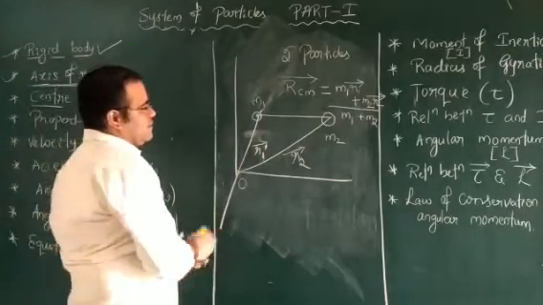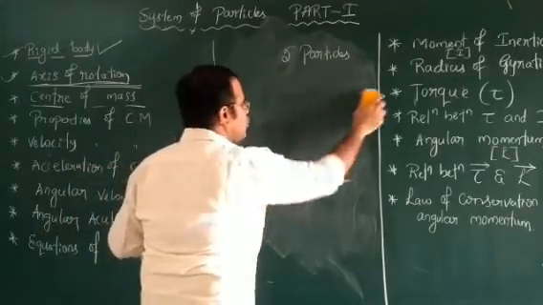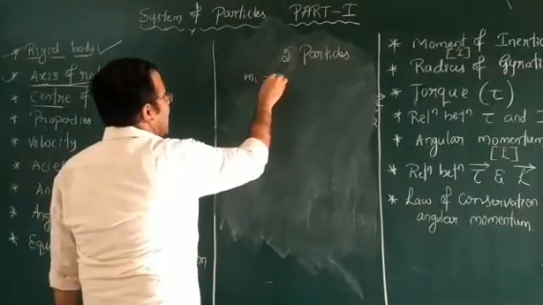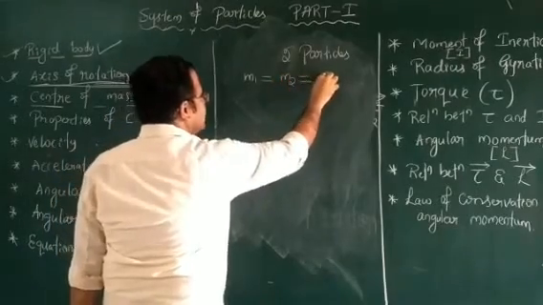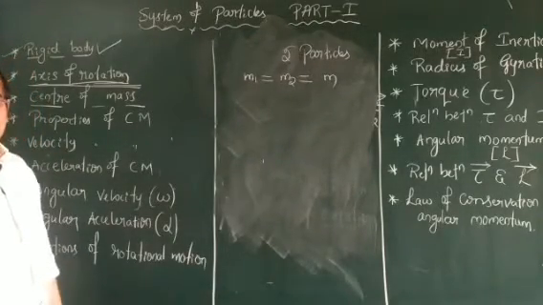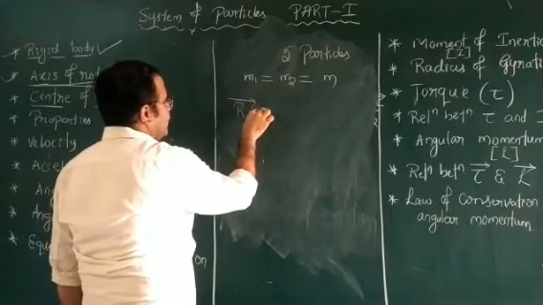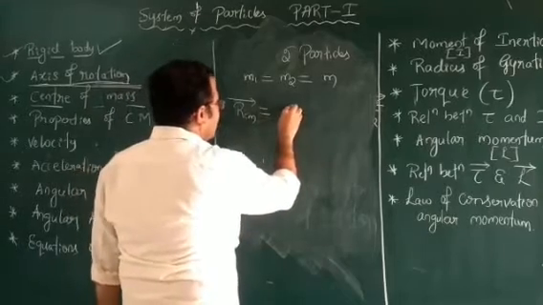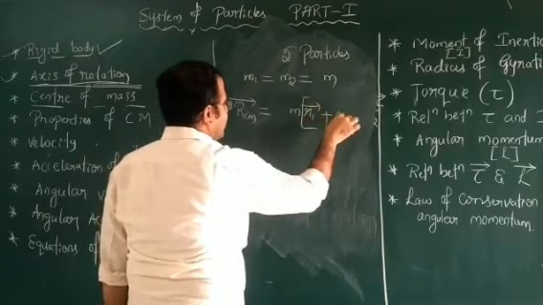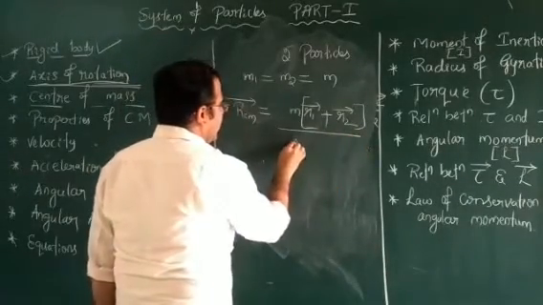Now, this is a system of particles having only two particles. In the same equation, if the two particles have the same amount of mass, then the center of mass vector RCM is given by m multiplied by vector r1 plus vector r2, where m is a common term we can take outside, divided by 2m.